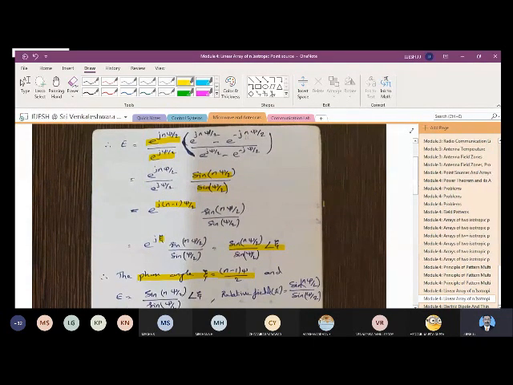From this we can also write that the relative field, that is E, can be written as sine of n psi by 2 by sine psi by 2. So here we have taken first of all the entire equation for E, and then we used the geometric progression. We simplified it using that.